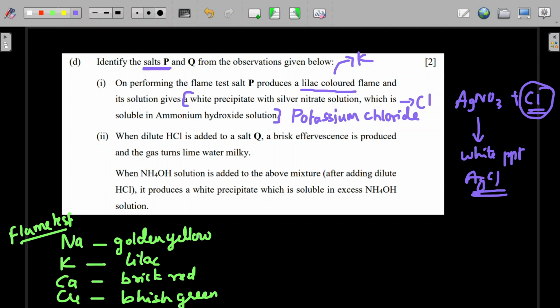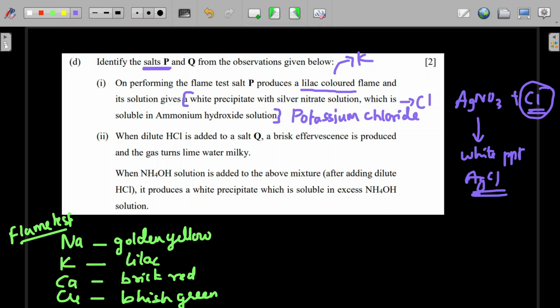Second one, Dhanish, can you read? Yes, sir. When dilute HCl is added to salt Q, brisk effervescence is produced and the gas turns lime water milky.